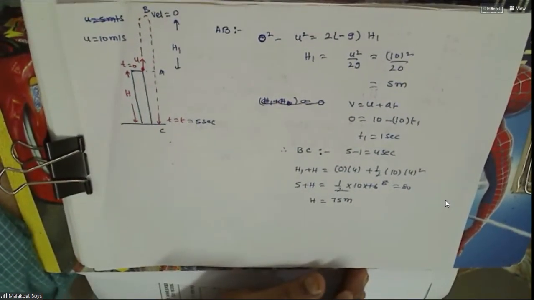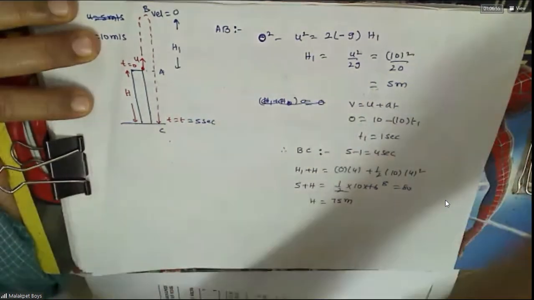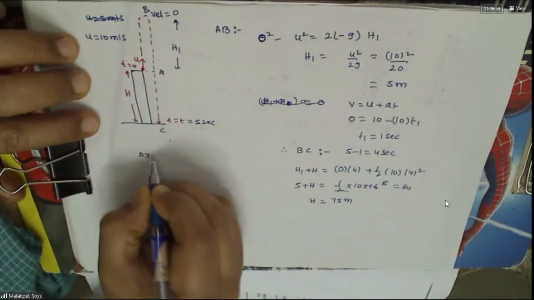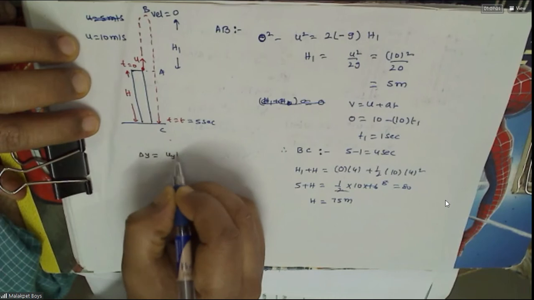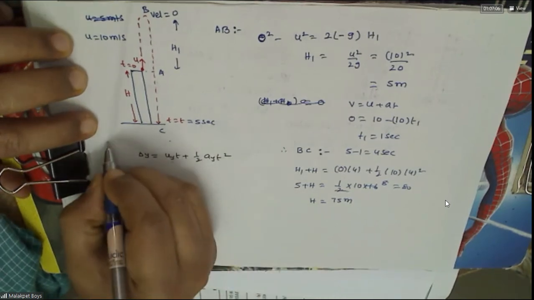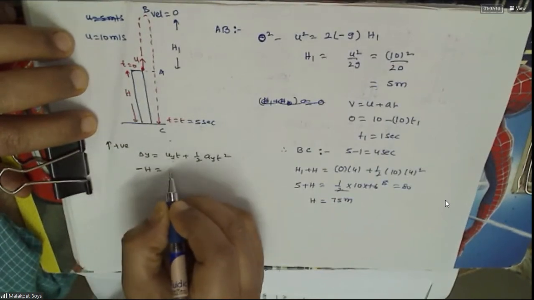When you don't know vectors, you analyze like this. If you know vectors, in one stroke, no need to analyze like this. Just use delta y equals u_y t plus half a_y t square. Upward, if I take positive, this is minus h. u is how much? 10.